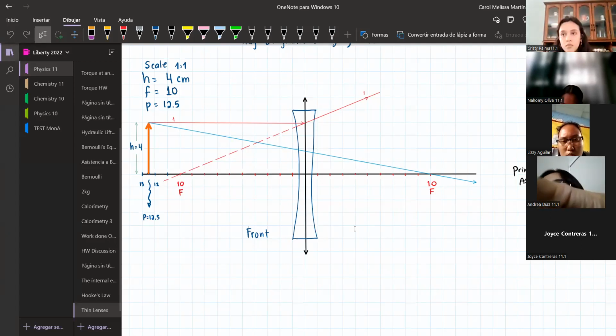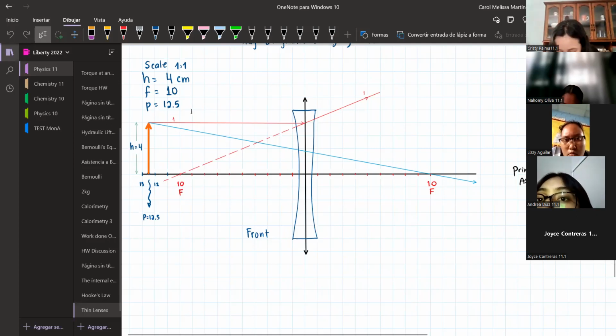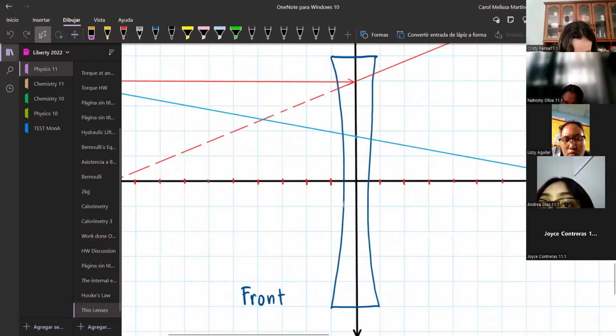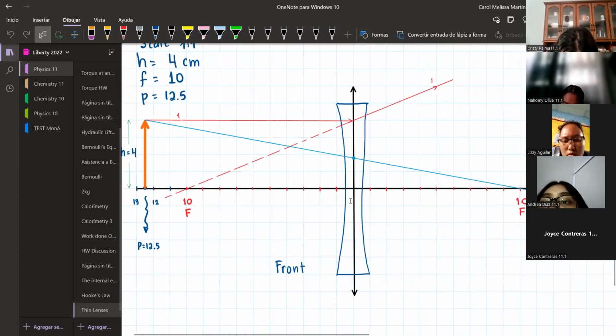Now, in this point over here, if you are a curious person, you might notice that this is the point where the second ray touches the center, the axis of the lens.